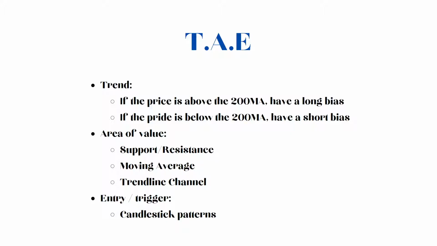So what does this trend actually mean? As you can see, if the price is above the 200 MA, then you have a long bias. What is the meaning of long? Long means you have the permission to buy stocks. And if the price is below the 200 MA, then you have a short bias.